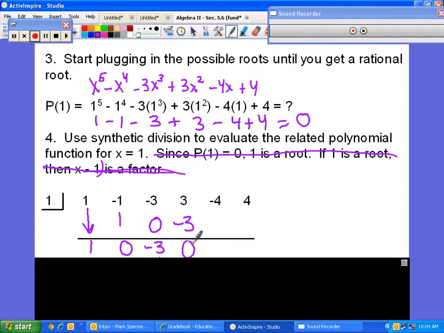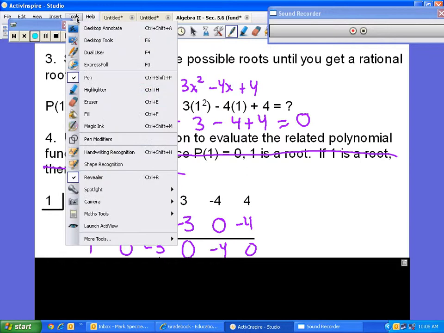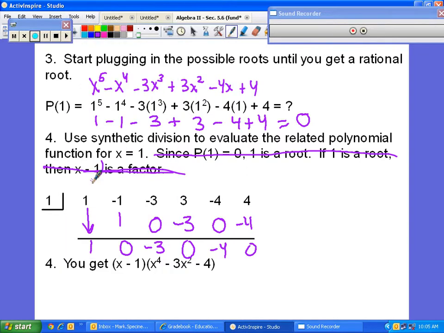Times 1, plus -4, times 1, plus 4, 0. Okay, so you can ignore this part.